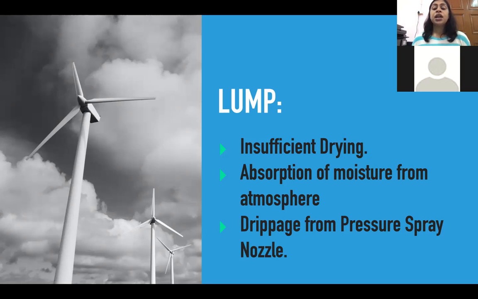And the third is drippage from the pressure spray nozzle. When milk is sprayed in the drying chamber through a pressure spray nozzle, we take into mind that the milk particle should be from 50 to 150 microns. But if there is drippage, the particle which drips down into the drying chamber is larger than 150 microns.